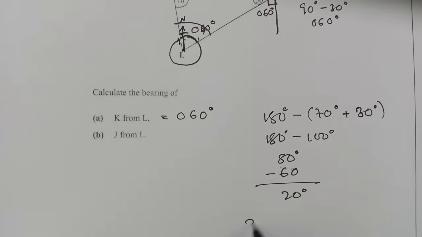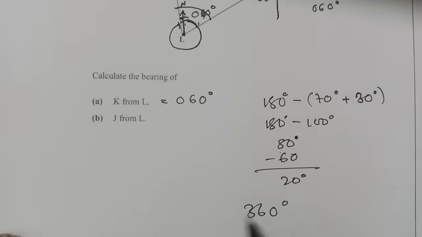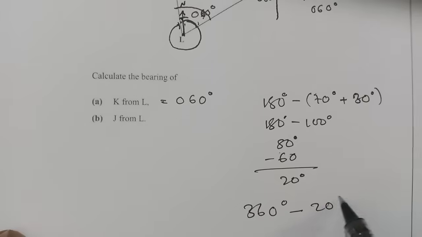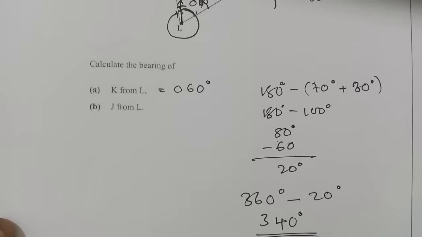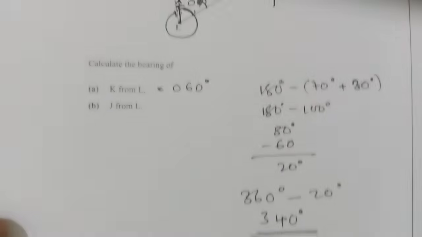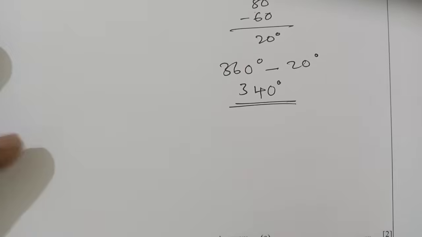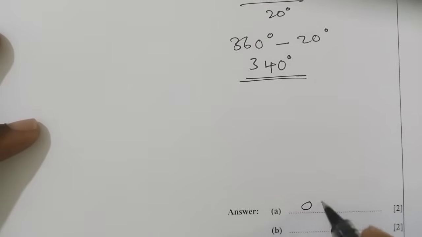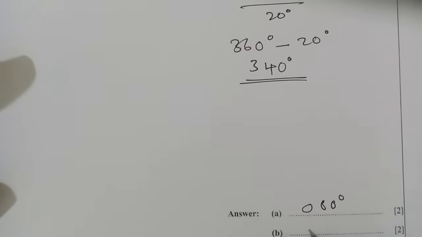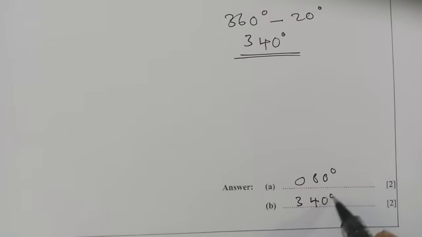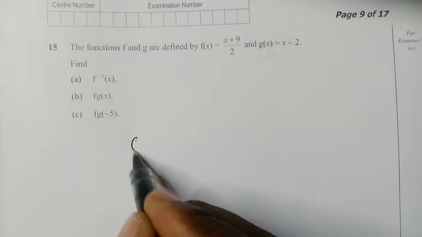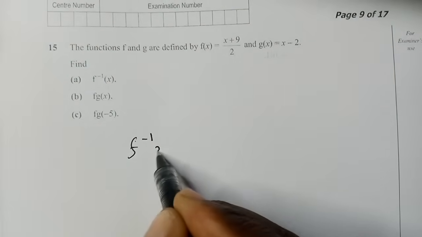So now we say 360 degrees, from this property of the circle, minus 20 degrees. We are getting 340 degrees. We can write our solutions. This is 60 degrees. The next one is 340 degrees.